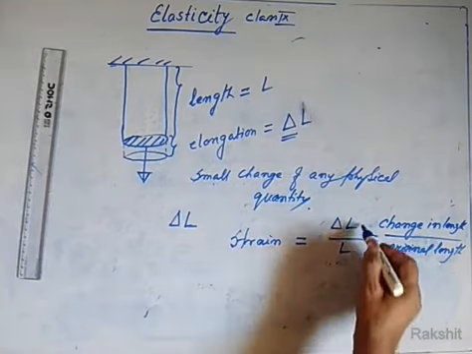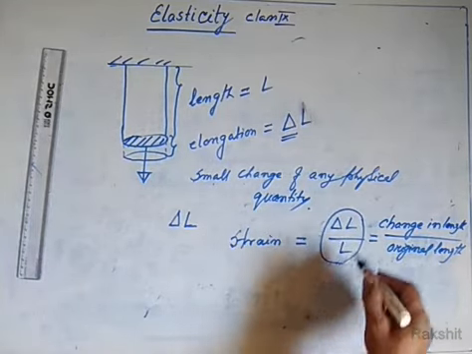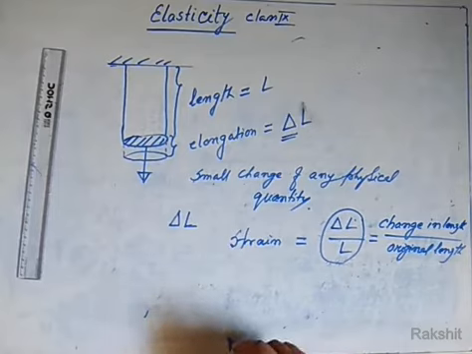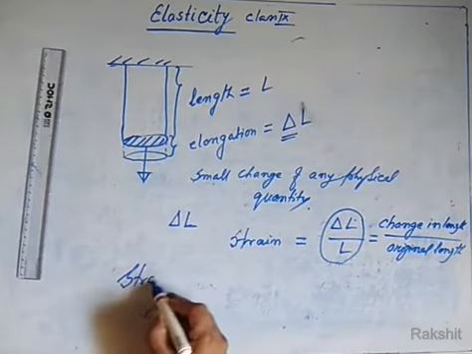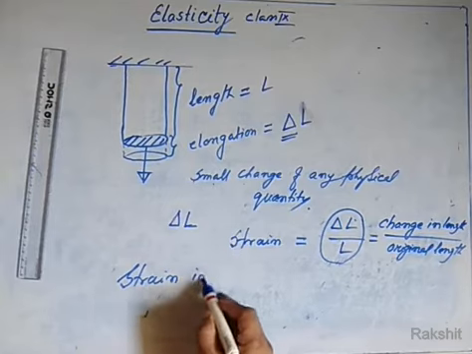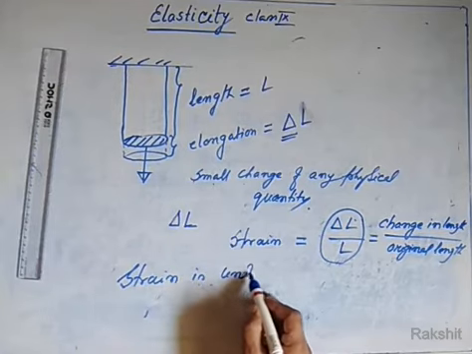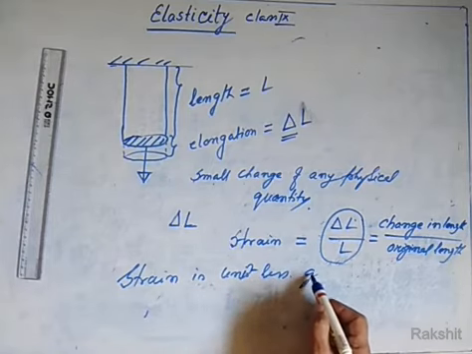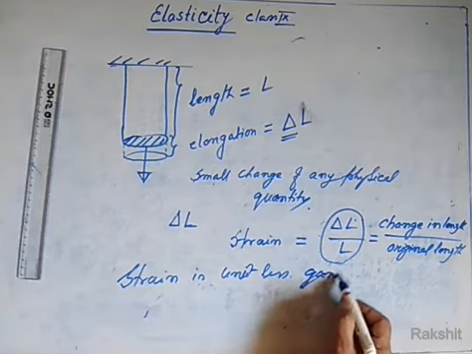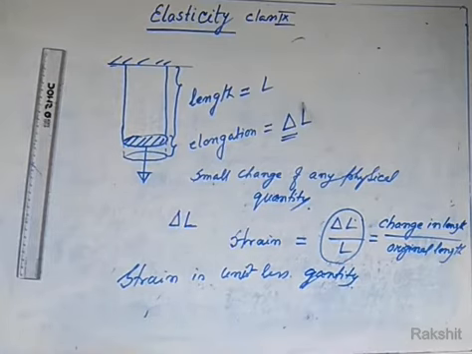And as strain is ratio of same physical quantities, it is unitless. Strain is unitless quantity.